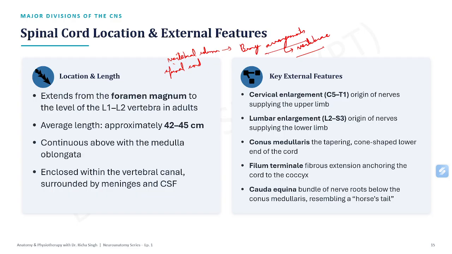This bony arrangement of vertebrae forms the spinal column or the vertebral column. This vertebral column has at the center a vertebral canal that transmits the spinal cord to it.